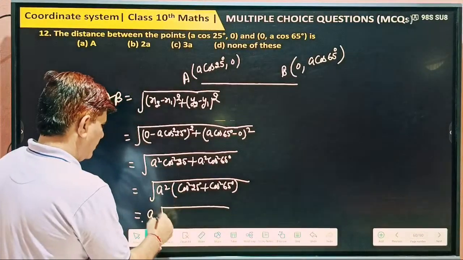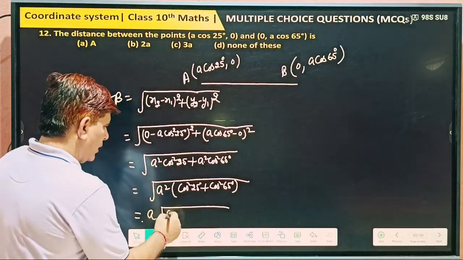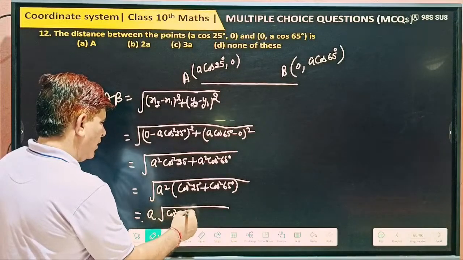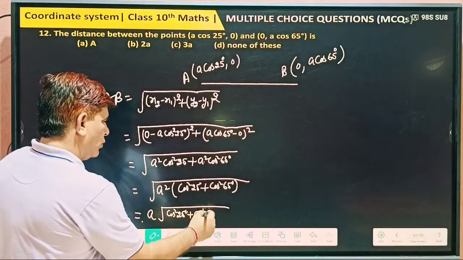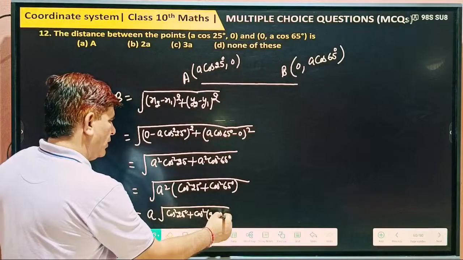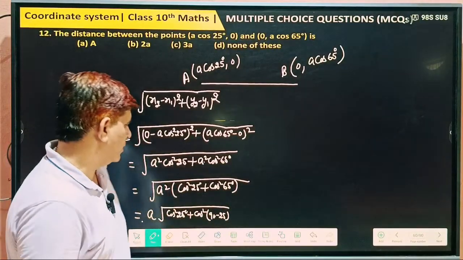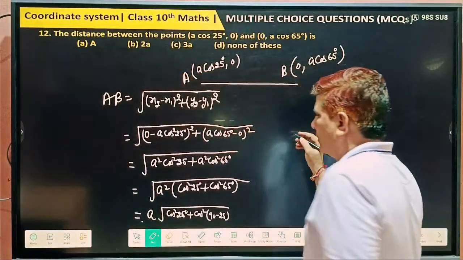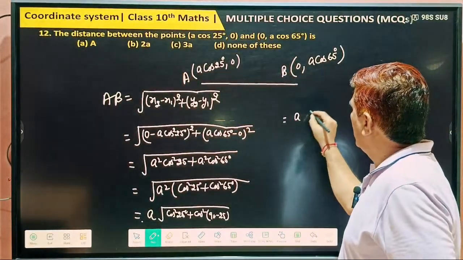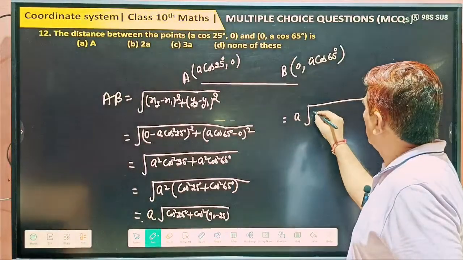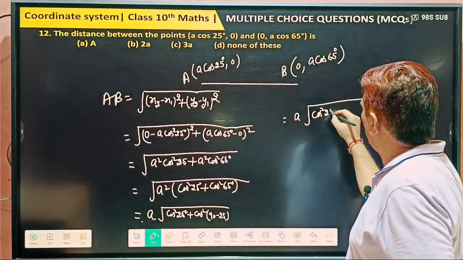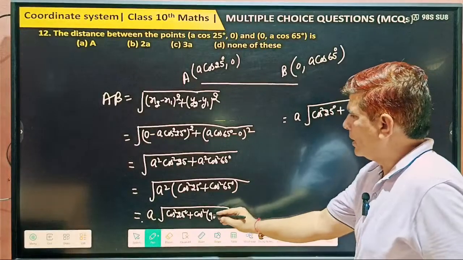Inside, cos square 25 plus cos square 90 minus 25. This we can write, 90 minus 25 is 65. So this becomes A under the root cos square 25 plus what is this?